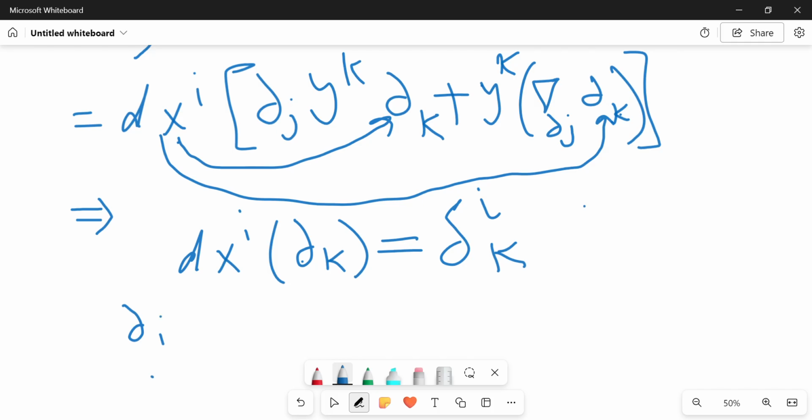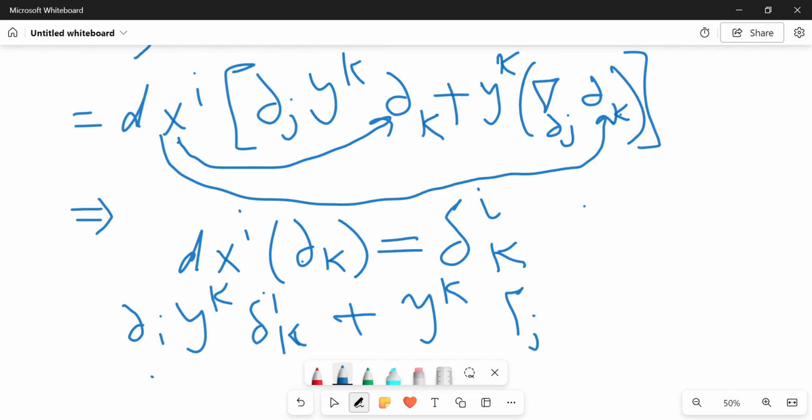So this gives me di yk delta ki, plus yk. We said this one was gamma jk l multiplied by what?